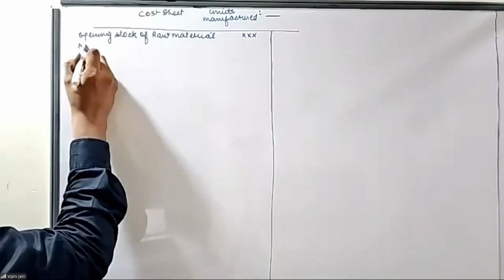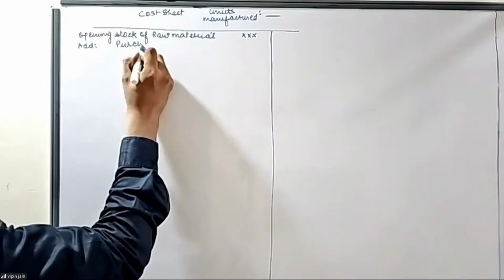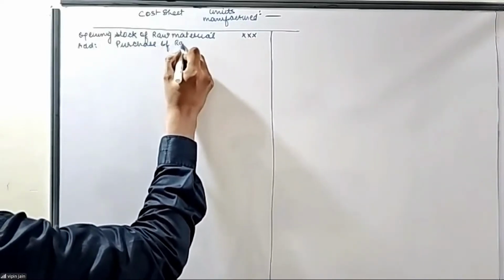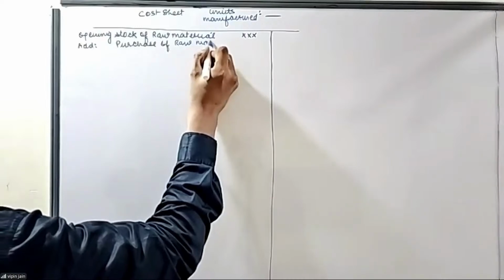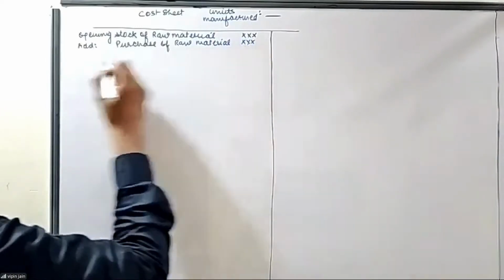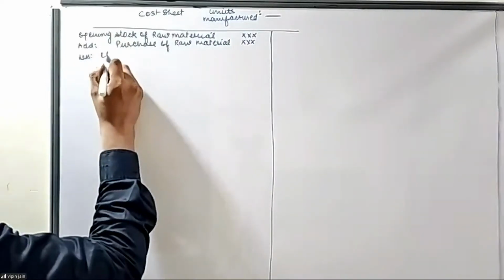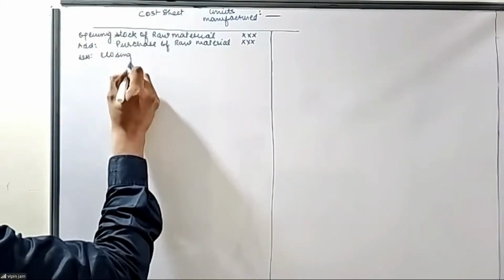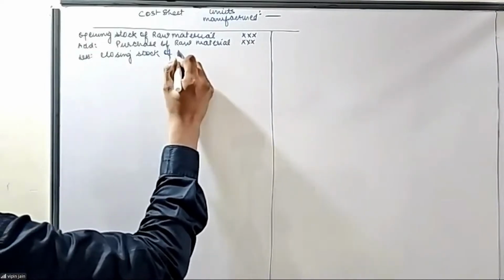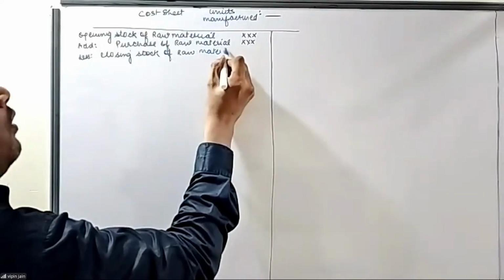In this, we will add whatever raw material is purchased. So, purchase of raw material. And from this, we will subtract closing stock of raw material.